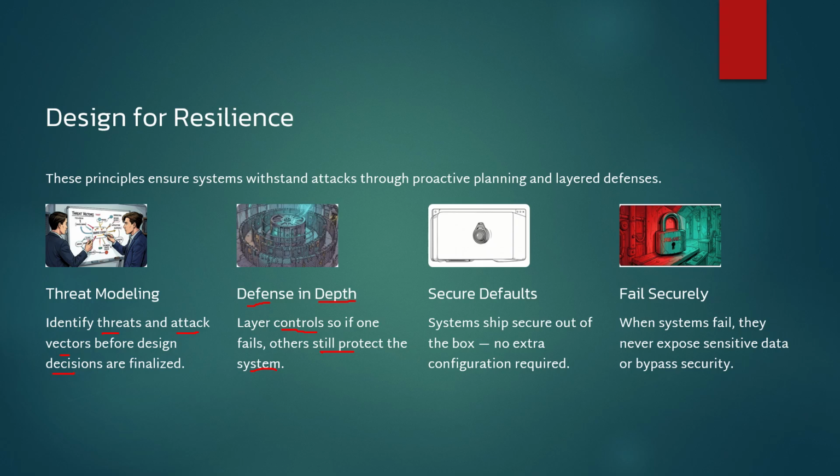Third is secure defaults. Let's say your system is secure by default. So default configurations, when the software is ready and once it is sold to someone else, at that time itself it is secure.